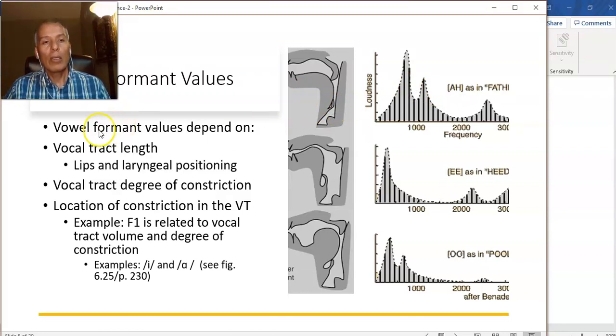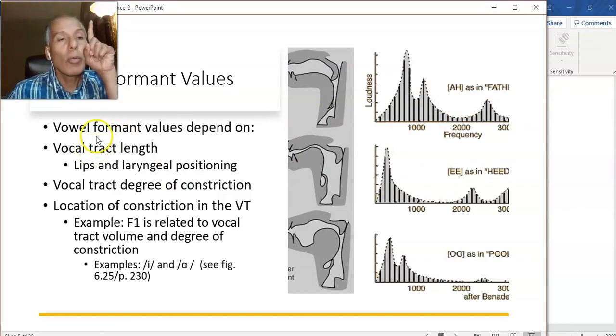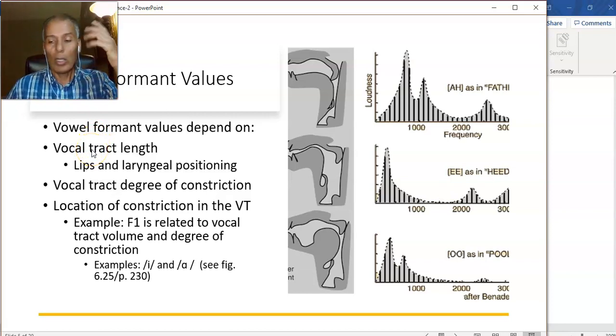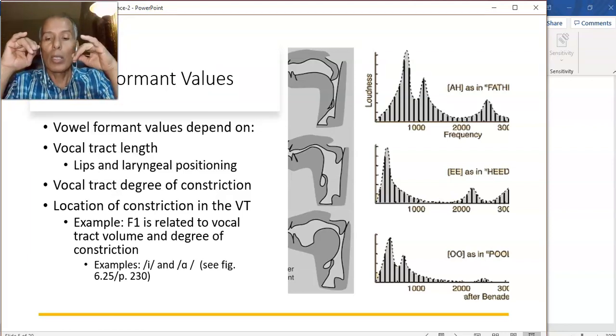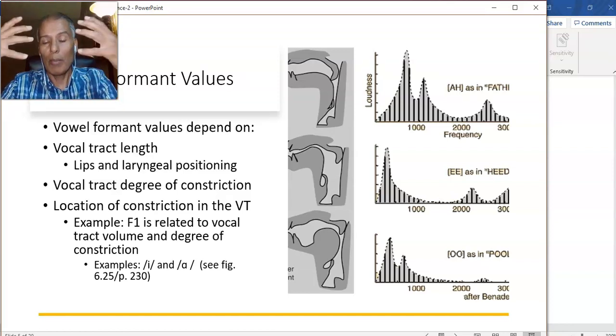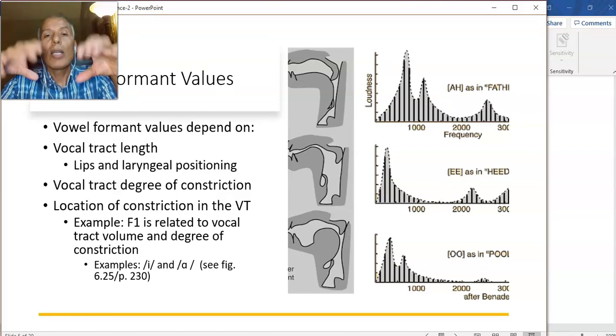The formant of any vowel is going to depend on a few things. Remember when we said how something vibrates at the beginning, like a guitar string or rubber band, we said that it will be determined by how long the object is, how dense it is, meaning how heavy it is, and the tension.